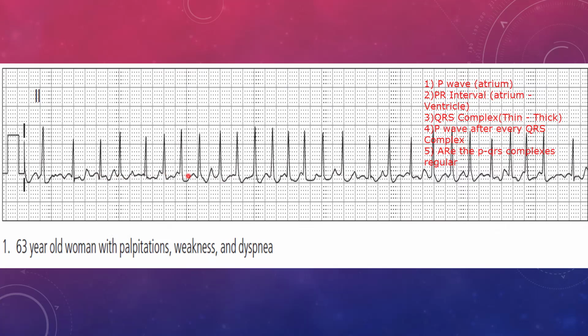The most common ones are atrial fibrillation, atrial flutter, and there's less common ones such as multifocal atrial tachycardia. But in this case, if we go to the next slide, what we'll actually see is that we've got a case of atrial fibrillation.